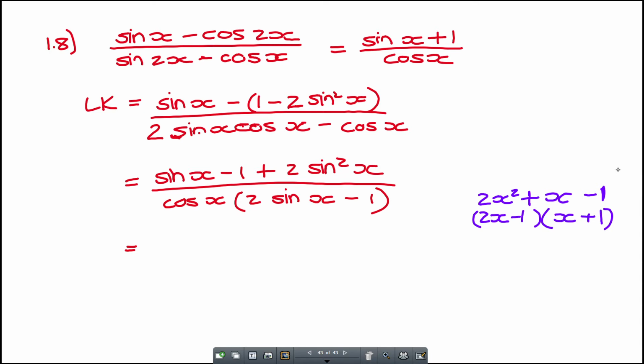Okay, so that is basically, ek gaan nou net so 'n pyltjie trek, dis wat ek hier gaan doen. Okay, right, so at the top, I'm going to have 2 sin x minus 1, sin x plus 1.